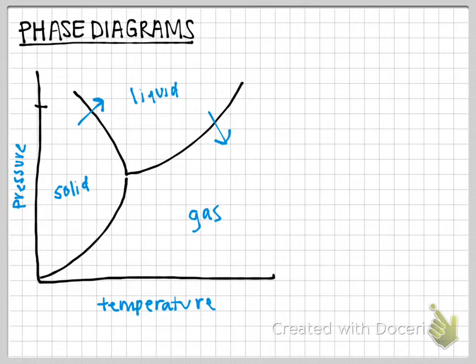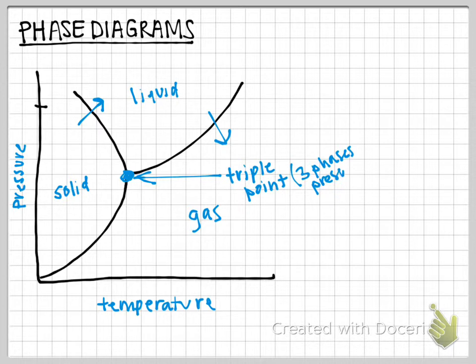The point where all three lines meet is called the triple point. And that's because all three phases are present.